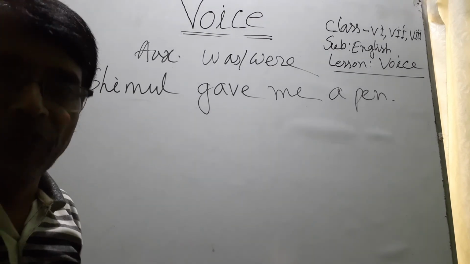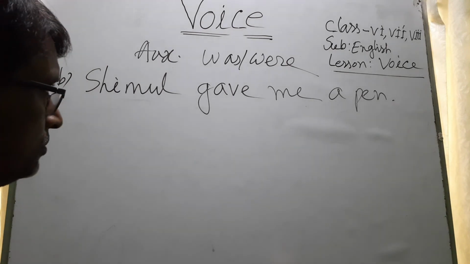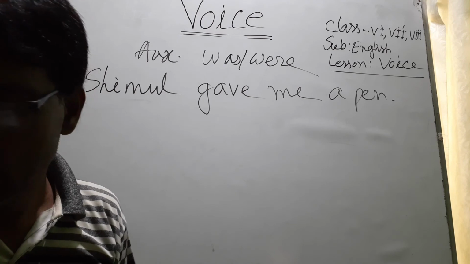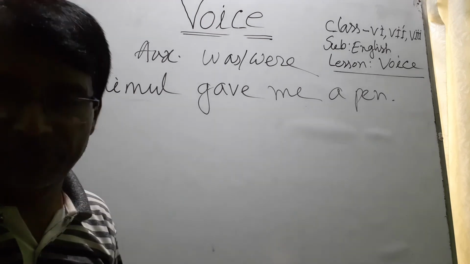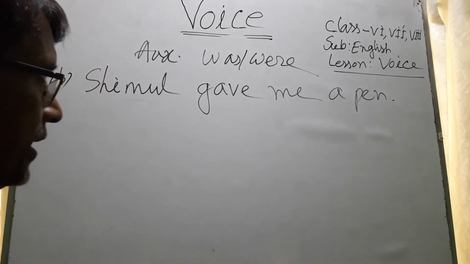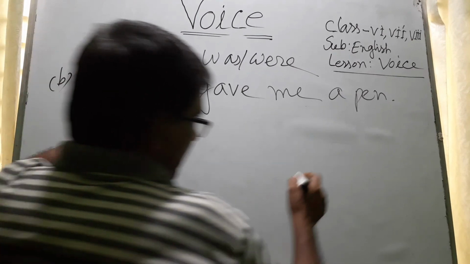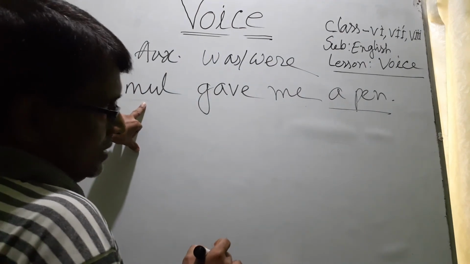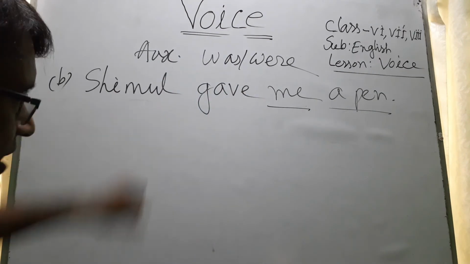You can see the auxiliary forms of the passive voice in your grammar book, in the chapter of voice. Okay. Shimon gave me a pen. This is an object, a pen, and me also another object.